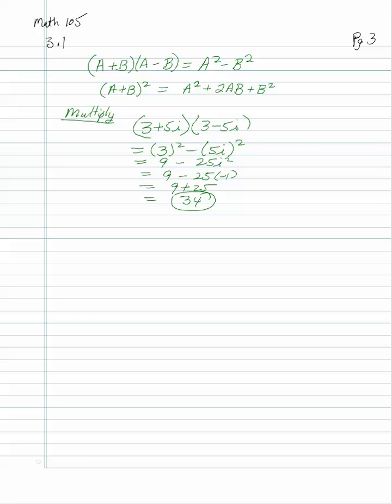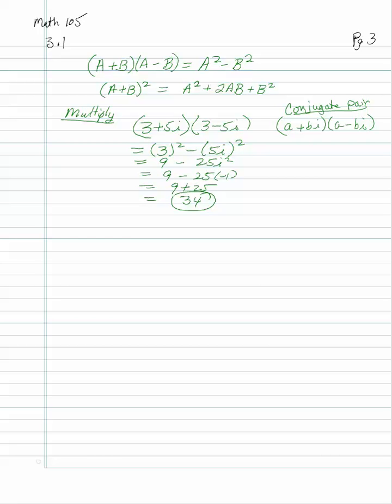So we give this a special name. We call them conjugate pairs. Okay, so that's a conjugate pair.